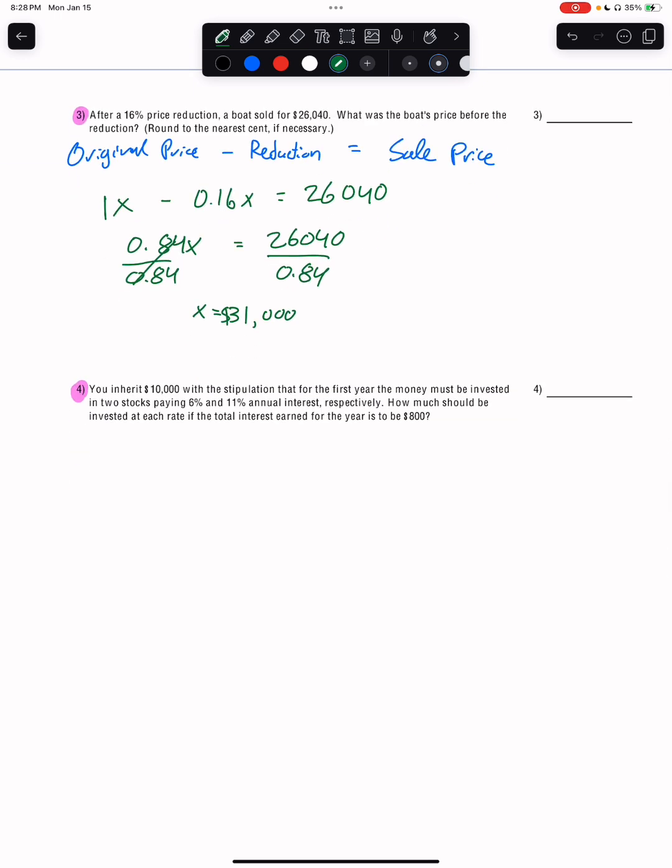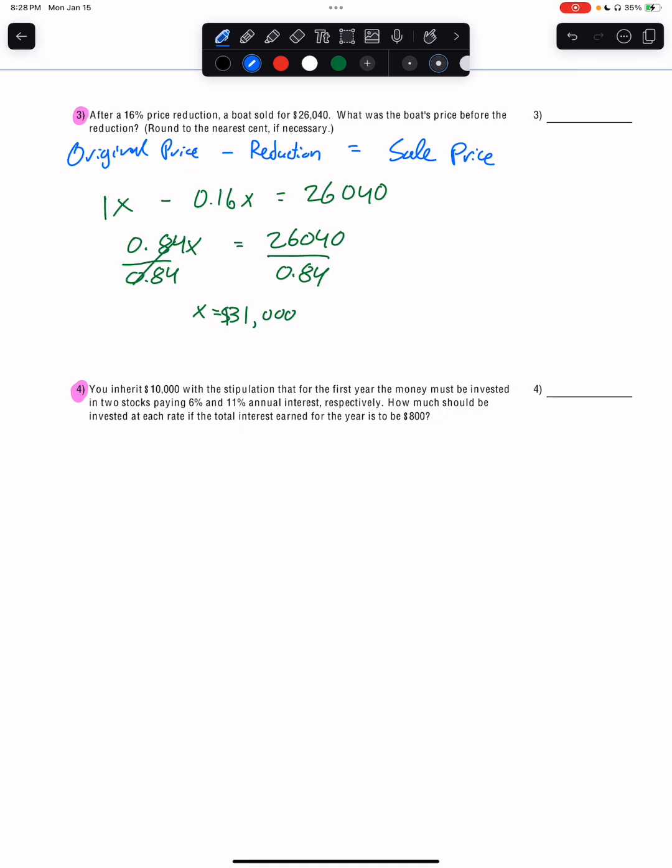All right, looking at the next problem. You inherit $10,000 with the stipulation that for the first year, the money must be invested into two stocks, paying 6% and 11% annual interest respectively. How much should be invested at each rate if the total interest earned for the year is to be 800?